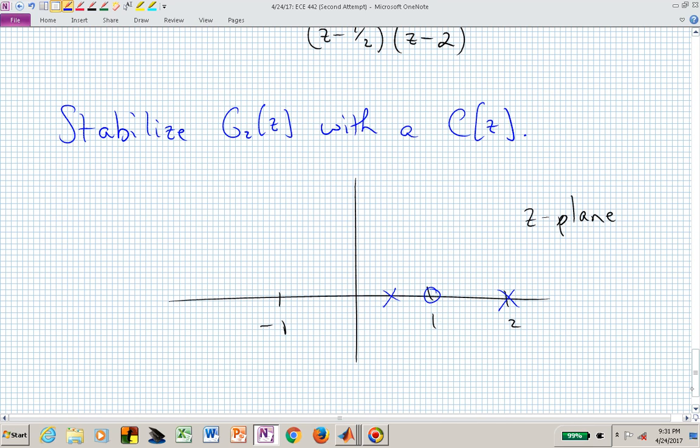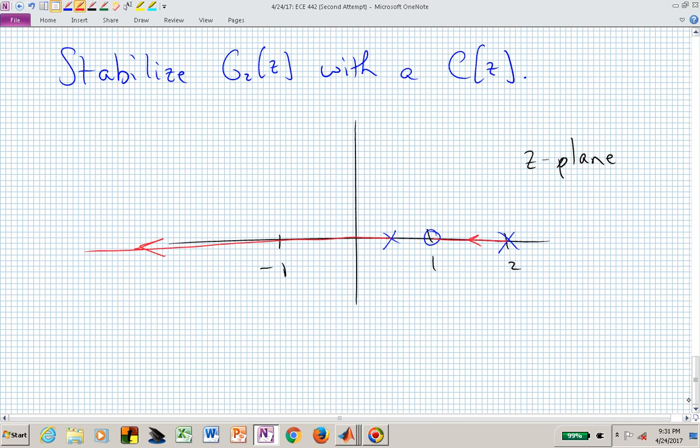I hope it's clear that in the open loop, this system is unstable because we have a pole at z equal to 2, and in fact, if we now look at the root locus associated with this, meaning we now have a controller that's just a proportional gain, we would have a branch of our root locus that was fixed between 1 and 2, and the other branch would be going off to minus infinity as we cranked up the gain k. And there's no way that we can stabilize this system with a pure gain controller, and I hope you can see that for a couple of different reasons.